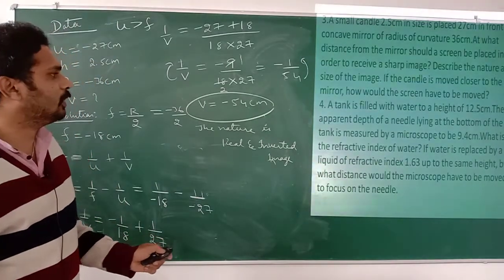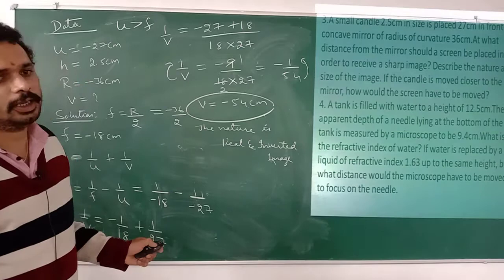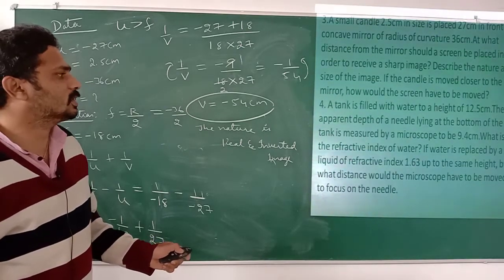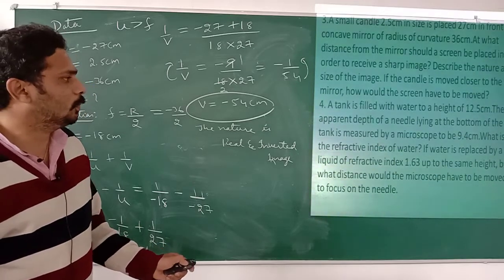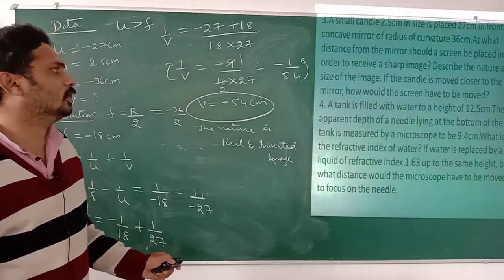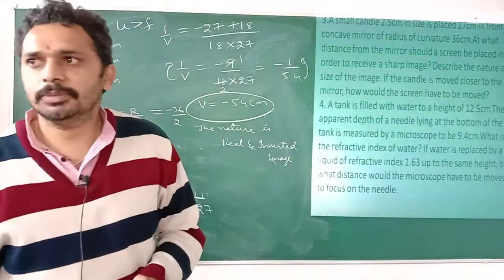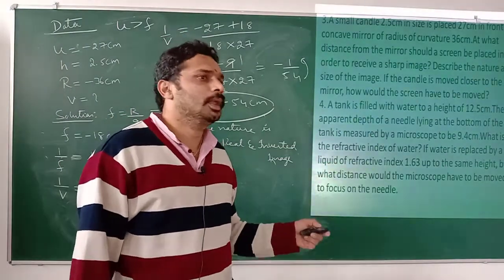What is the refractive index of water? If water is replaced by a liquid of refractive index 1.63 up to the same height, by what distance would the microscope have to be moved to focus on the needle?